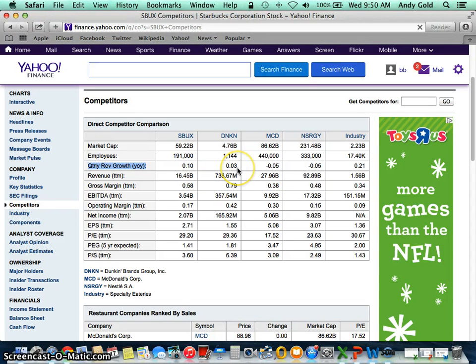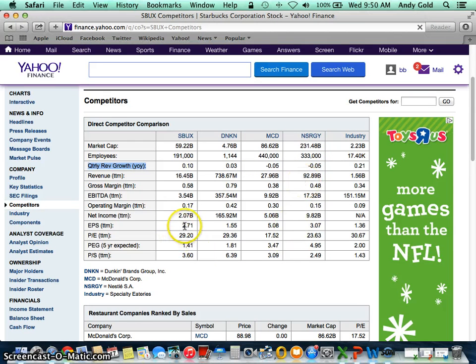Dunkin' Donuts' sales are increasing by 3%, so they're growing at a slower rate than Starbucks. And Nestle is growing at a negative 5%, as is McDonald's. That means their sales are actually decreasing every 3 months. So these companies are probably starting to struggle a little financially, but that's not unusual for mature companies until they come out with some new marketing campaign to turn that around.